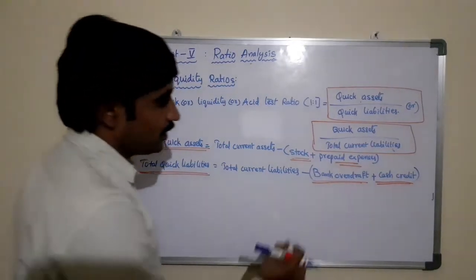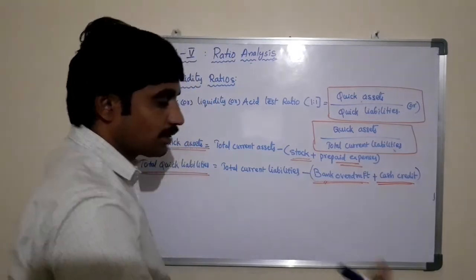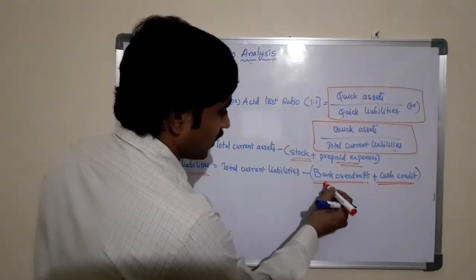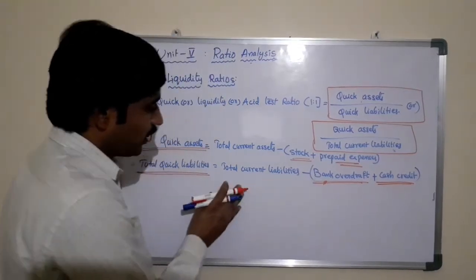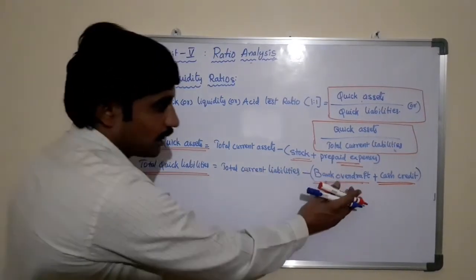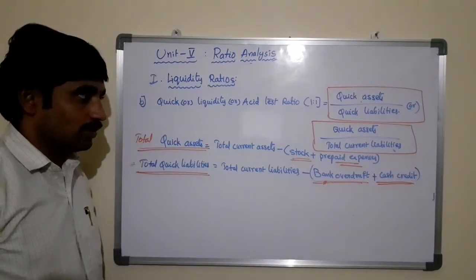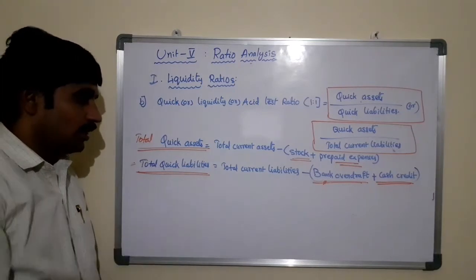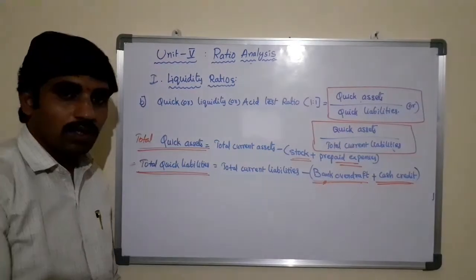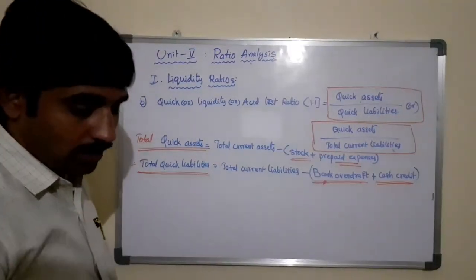Some companies may treat bank overdraft as current liability, and some companies may not. So if you are treating this as current liability, you need to take the total current liabilities as quick liabilities. If the companies are not treating the bank overdraft as a quick liability, then you can exclude the bank overdraft from the total current liabilities in order to attain the total quick liabilities.